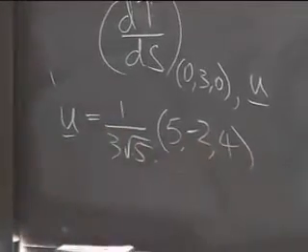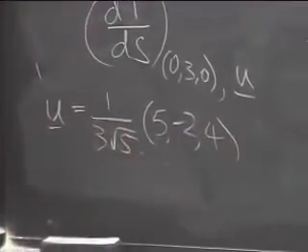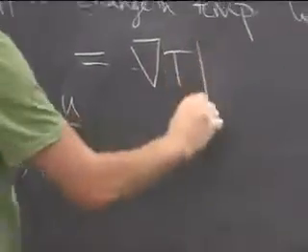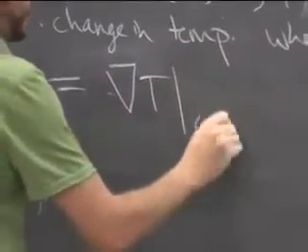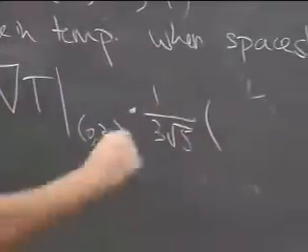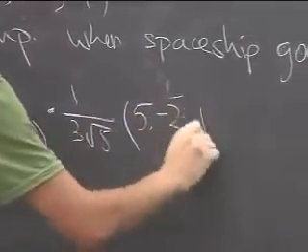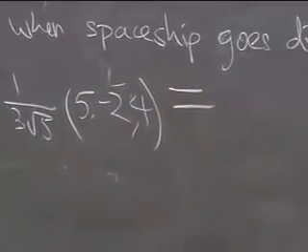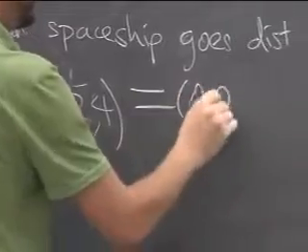And rather than write that out 3 times, I'm going to leave it as a scalar. We find that that is grad T dot 1 over 3 root 5, 5, minus 2, 4, which is equal to 0, 0, minus 8.